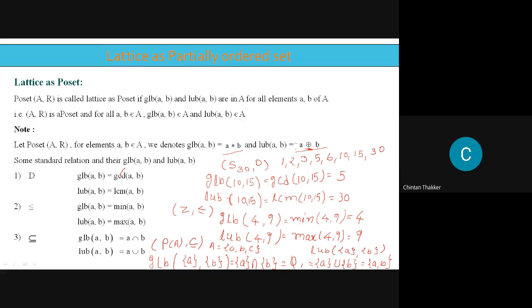So we prove that if you take any two elements from this, the GLB and LUB also belong to S30, meaning they are among these elements. If we can prove this, then (S30, D) is a lattice. If there exist any two elements such that the LUB is not in the set, then we say that it is not a lattice.